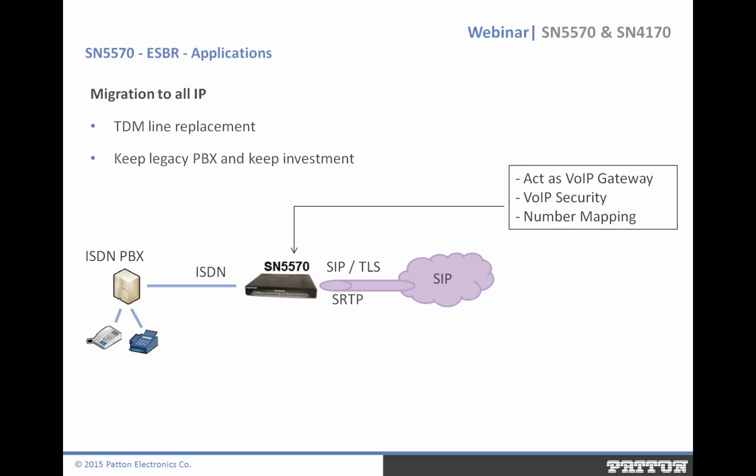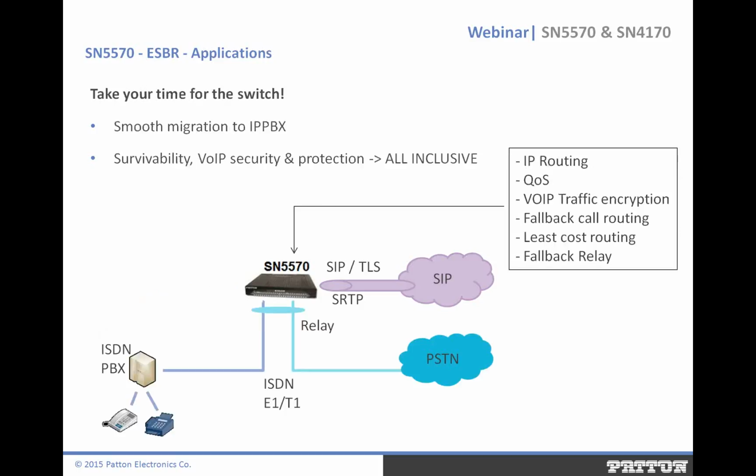Now, moving ahead, just replacing the 4170 with the ESBR, the 5570, the same application still applies. However, what I would like to show you is how smooth a migration will look with the 5570 being at the customer's network edge, managing all the different kinds of connections and technologies.